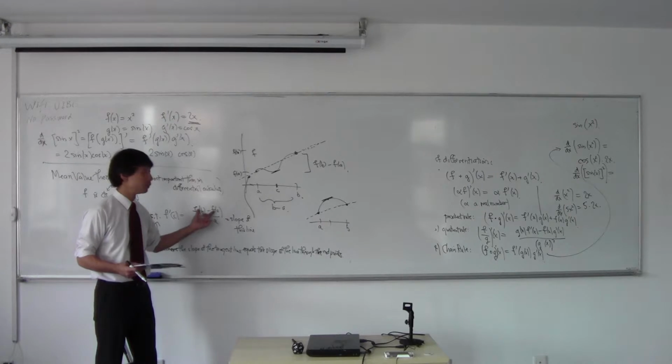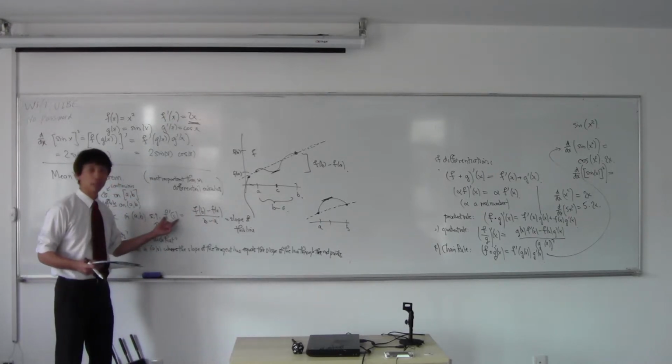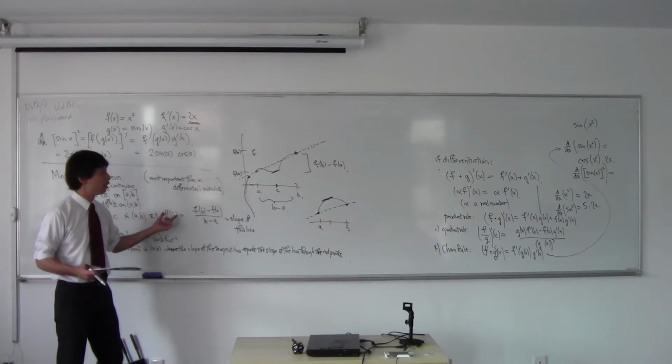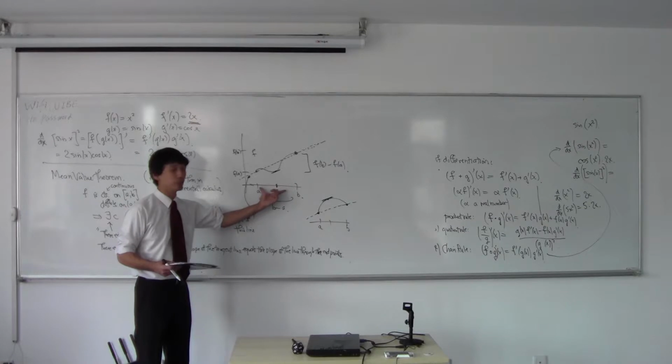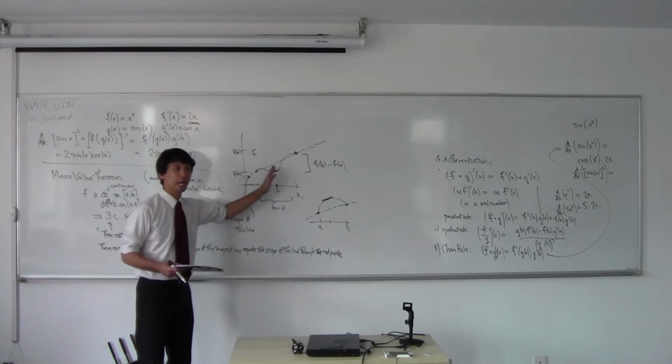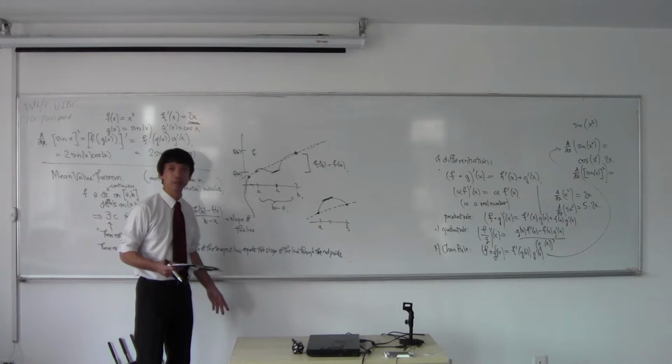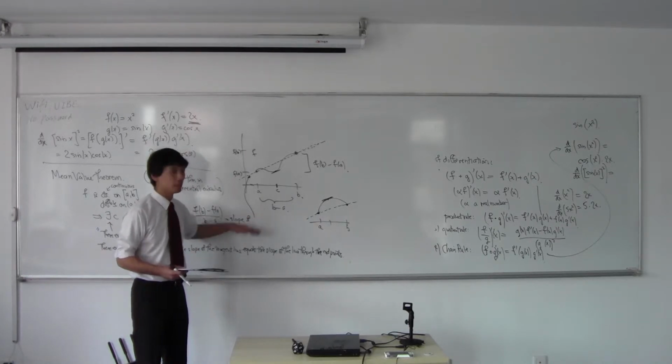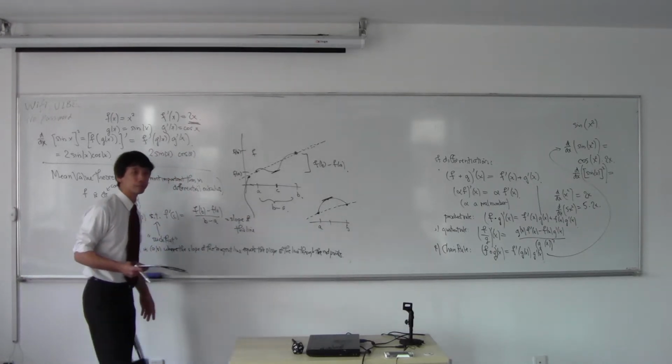And the derivative is, of course, the instantaneous speed. So what it's saying is that over any time interval, there's a place where the instantaneous speed equals the average speed over that time interval. That's what it says in terms of physics.